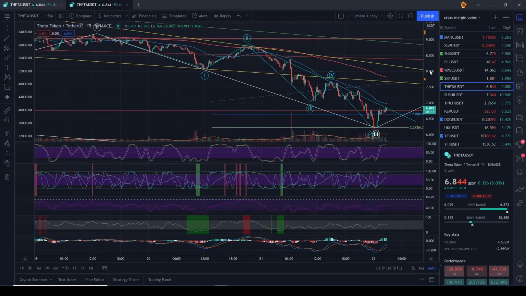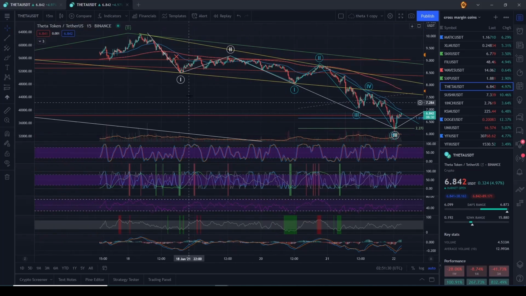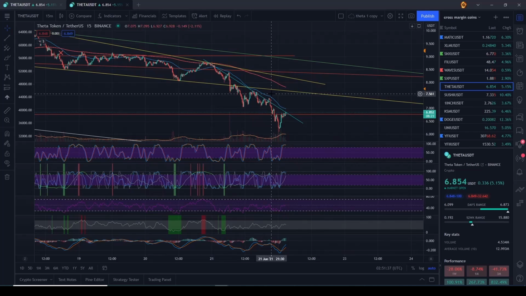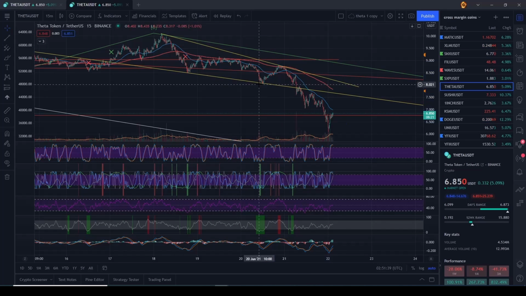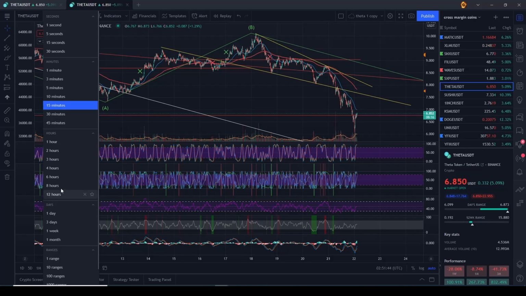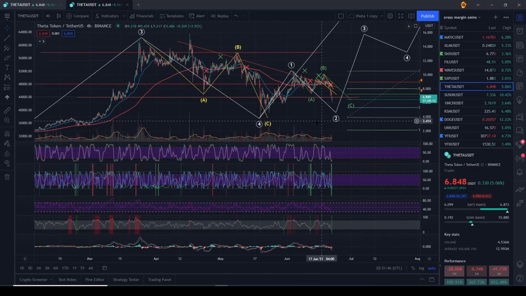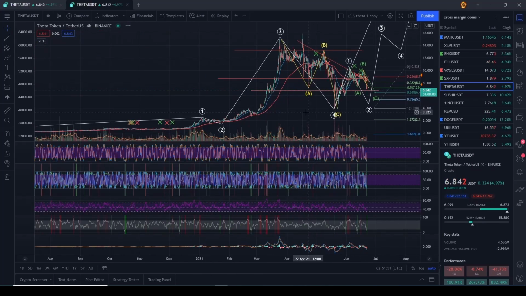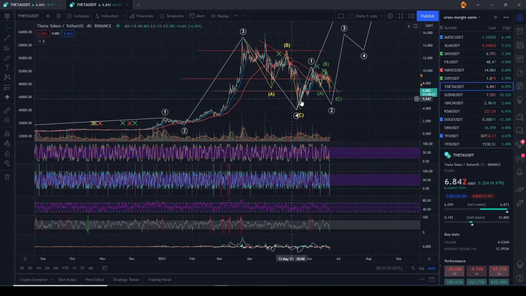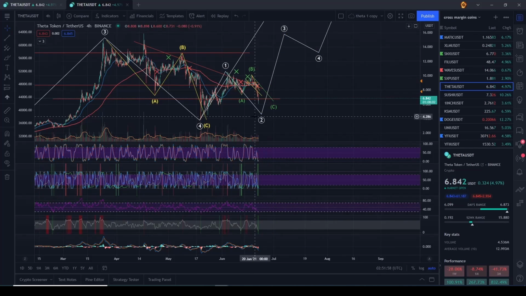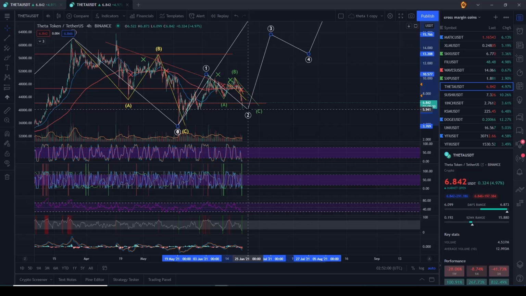So let us just start here by erasing this, or at least erasing the smaller count, and do this from the start again. So if you remember correctly, we had posted this theta count, this larger time frame count on theta, and sorry, this was supposed to be here.